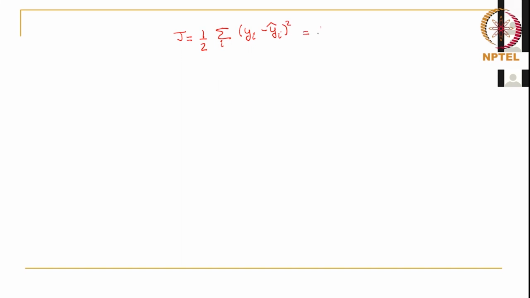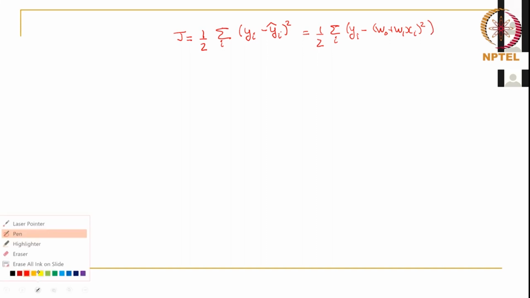It is the same as half of sigma over i, yi minus (w0 plus w1 xi), squared. What is del J del w0?